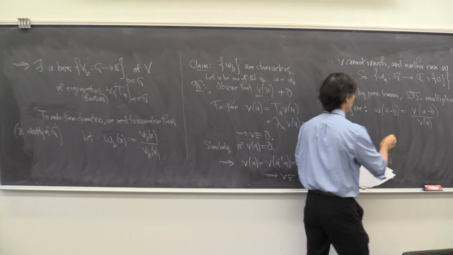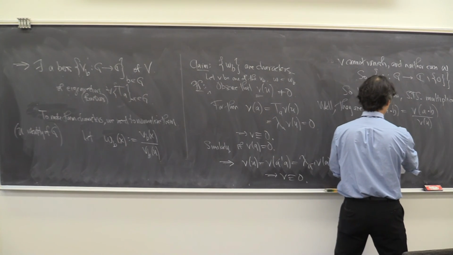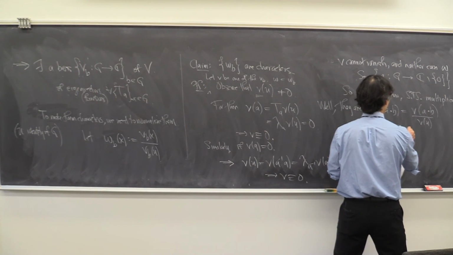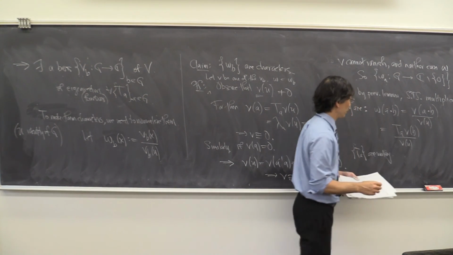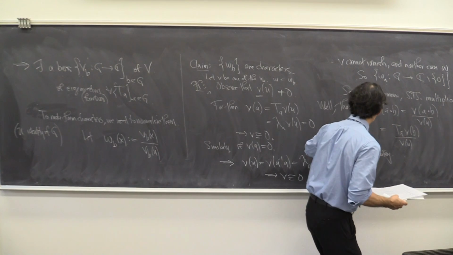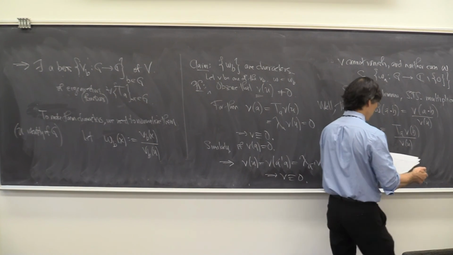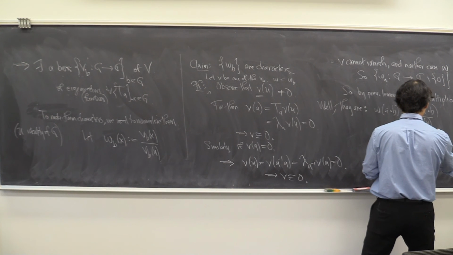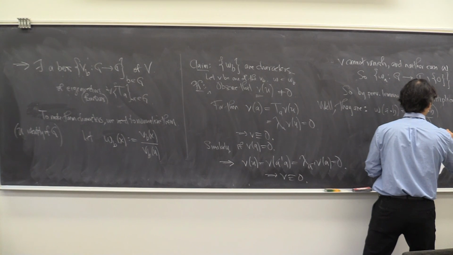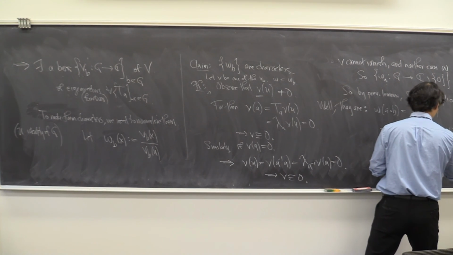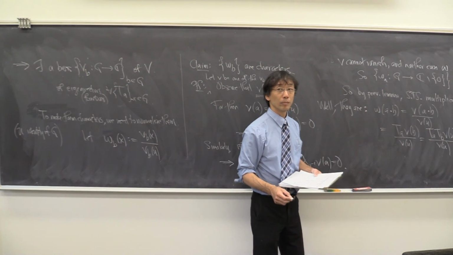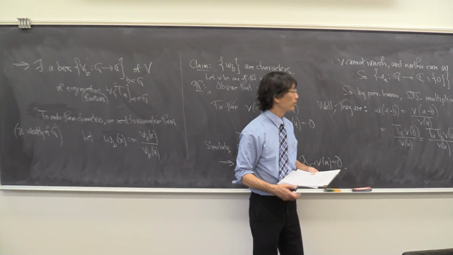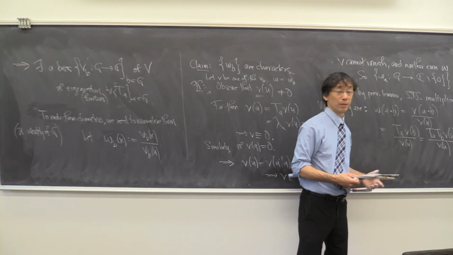That's the same thing as T_A of V of U over V of U, which is the same thing as T_A T_B of V of U over V of U, by definition.